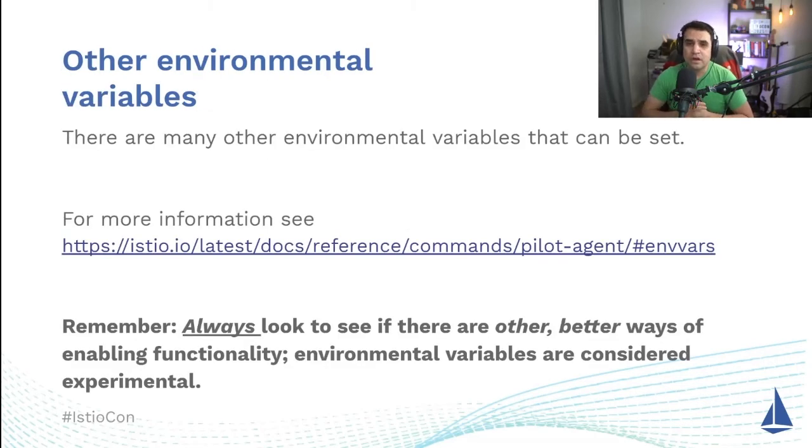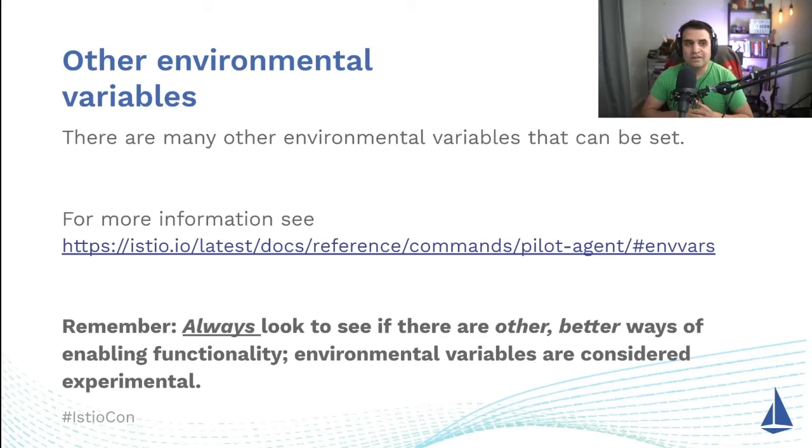It's also noteworthy that there are other environmental variables that you can change and modify around certificates and a few other features. I've included a link to the Istio.io website where I list that information. Again, though, I want to give you a word of caution.